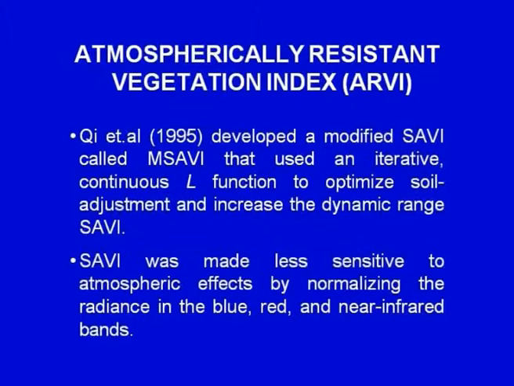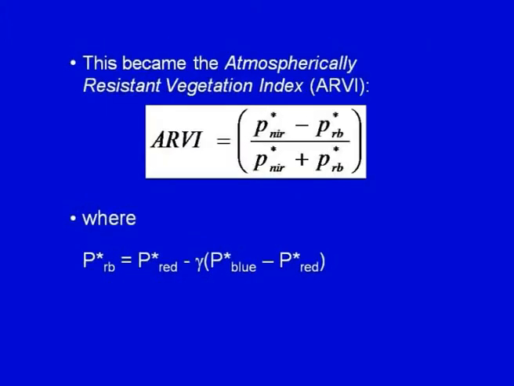SARVI was made less sensitive to atmospheric effects by normalizing the radiance in the blue band, red band and the near infrared bands. Well, this indices is what we call ARVI, or atmospherically resistant vegetation indices.